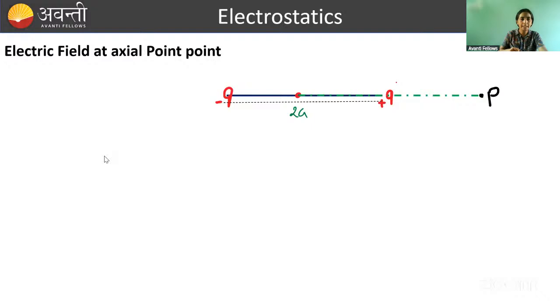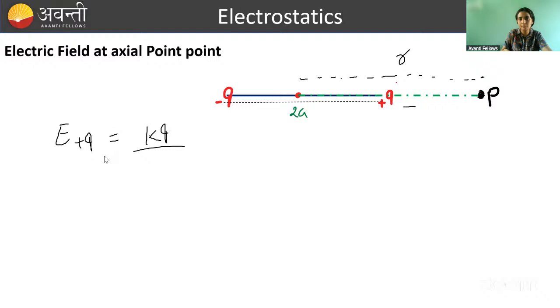Now we will calculate the electric field at an axial point. Let's calculate the electric field at point P. Let's say the distance of point P from the center of the dipole is small r. So the electric field at point P because of charge plus q will be how much? It will be kq divided by this distance.